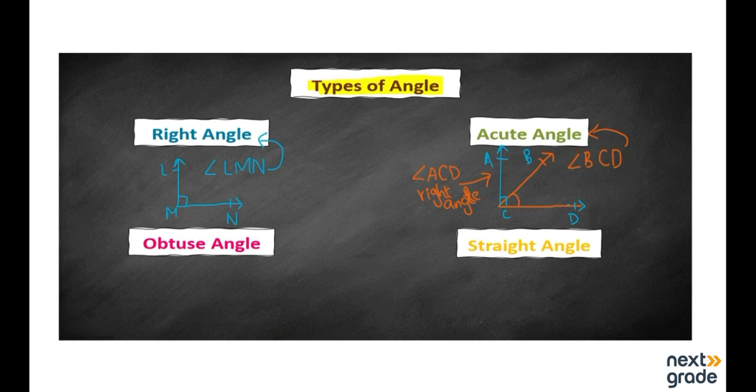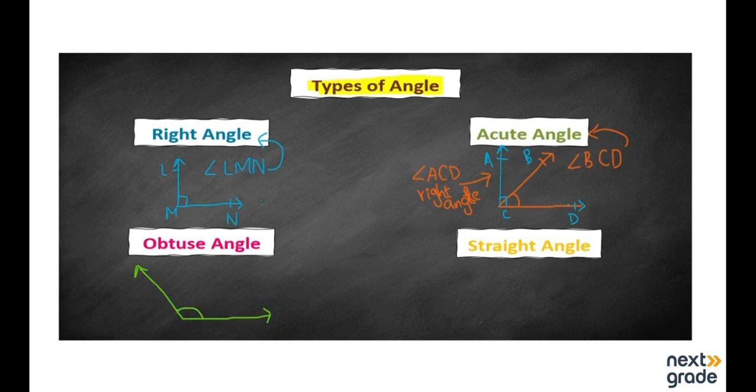Alright, let's draw the next angle and that is obtuse angle. Obtuse angle में क्या होता है कि if we have two lines, they are actually bigger than the angle of 90 degree. ठीक है? So this is how the obtuse angle looks like. Right? अच्छा जी.